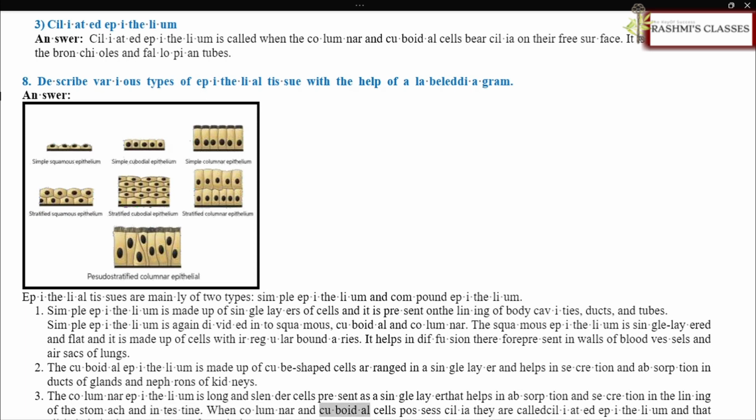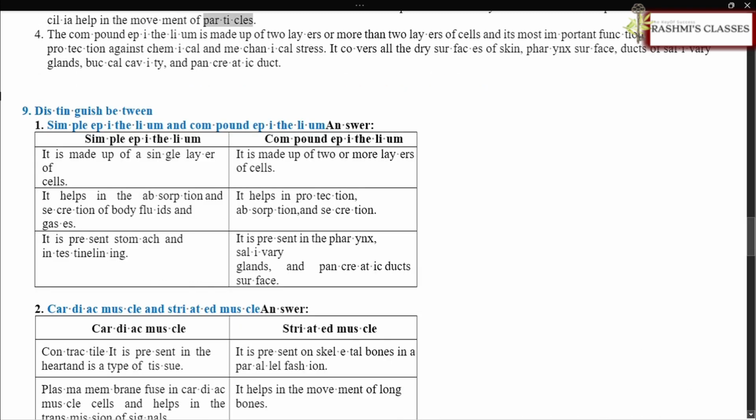When columnar and cuboidal cells possess cilia, they are called ciliated epithelium, and that cilia help in the movement of particles. The compound epithelium is made up of two layers or more than two layers of cells, and its most important function is to provide protection against chemical and mechanical stress. It covers all the dry surfaces of skin, pharynx surface, ducts of salivary glands, buccal cavity, and pancreatic duct.